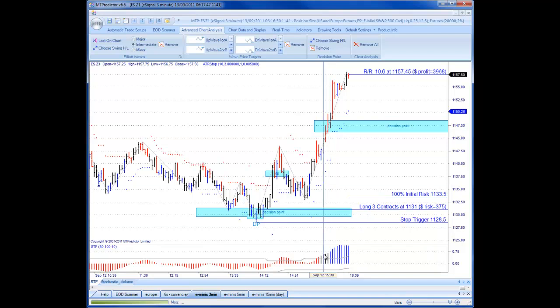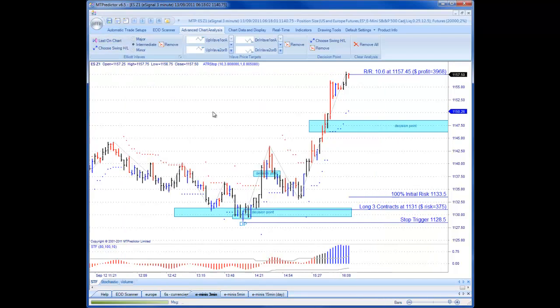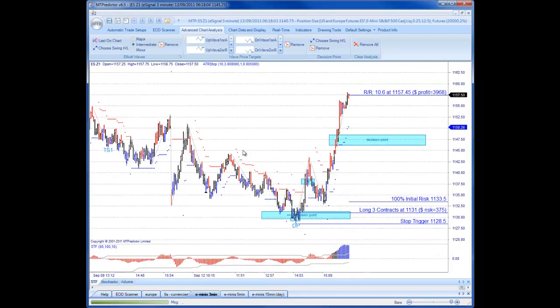We then used the ATR stop because the STF was strong to then come out at basically the close of the day, which was the high of the day, for a massive 10.6R profit. So that was an absolutely brilliant trade and a superb example of how we use the 15-minute charts.